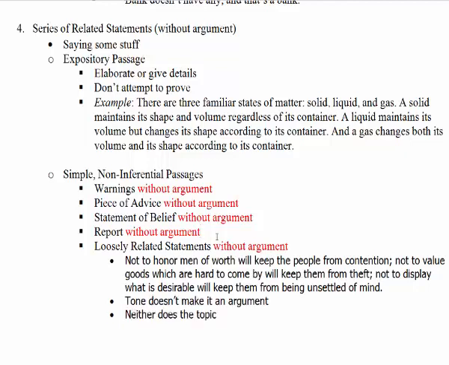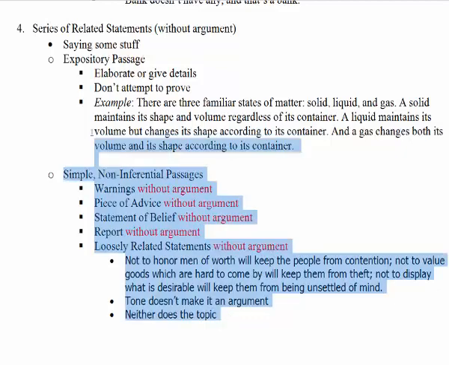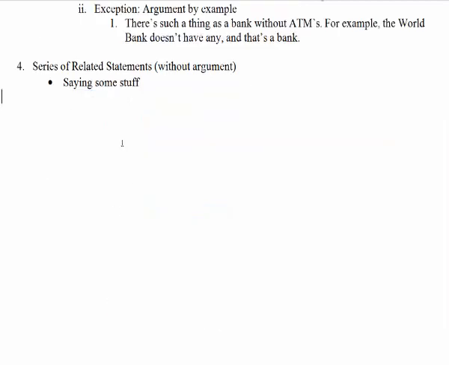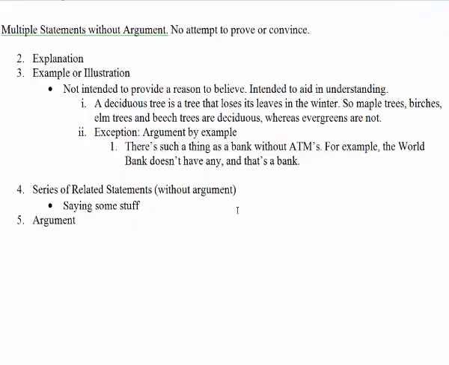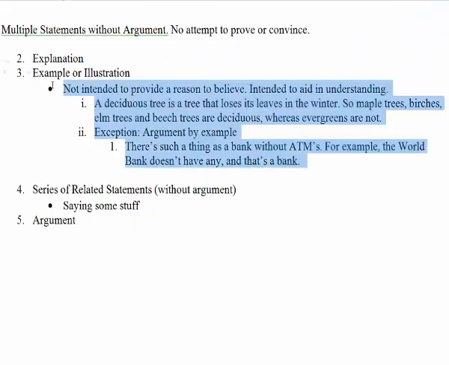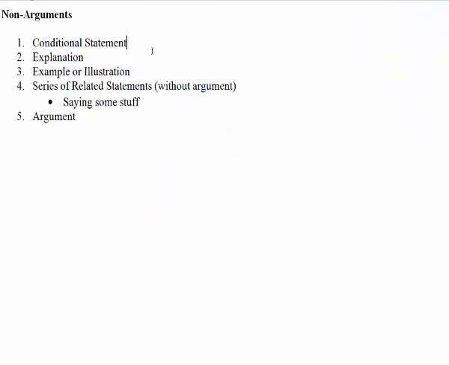Now again, the difference between all these different categories is not so important to us, although this can help you to identify something as just a non-argument. What all these things have in common is it's just saying a number of things. So at the end of the day, we could just label all these things series of related statements. And it's sort of like an other category. Either you've got an argument, or you've got an example or illustration, or you've got an explanation, or you've got a conditional statement.